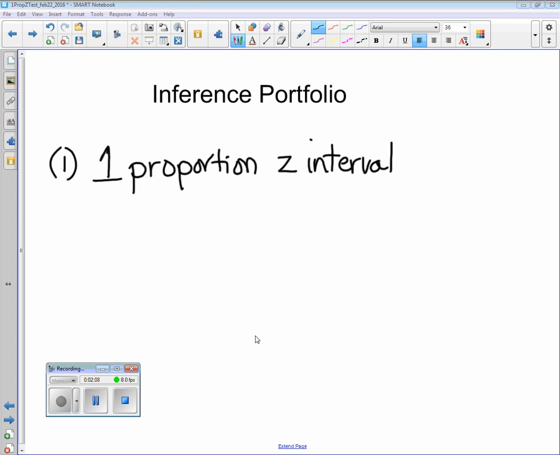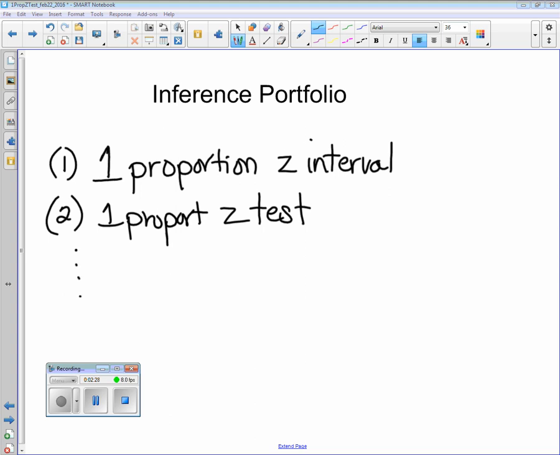So you will have a collection of 13 different ones together that you will turn in as a grade. Okay? The one that we're going to do today is the one proportion Z test. Okay, and so it's a little bit different than an interval, and we'll talk about what that means, but you will have 13 total that you will do.